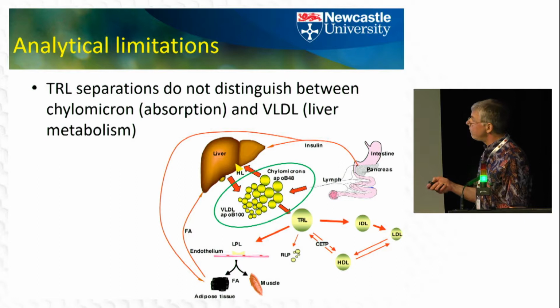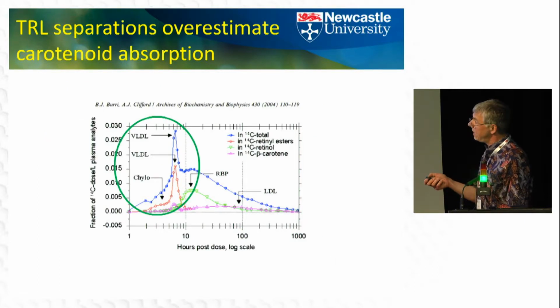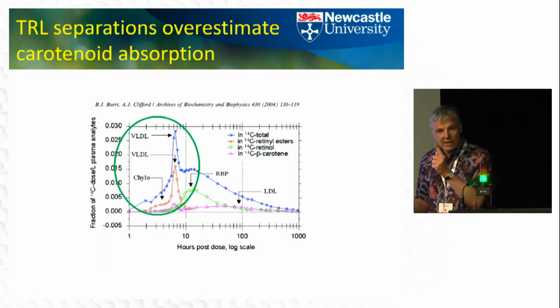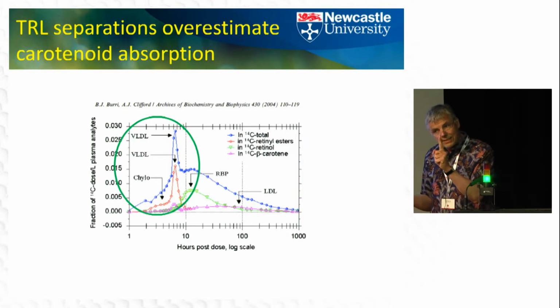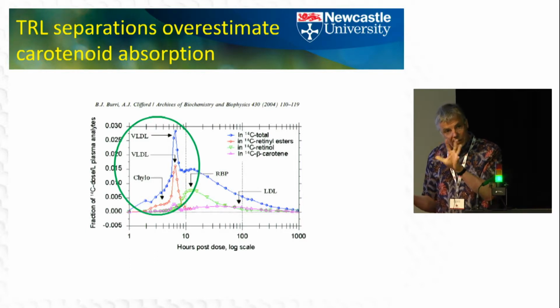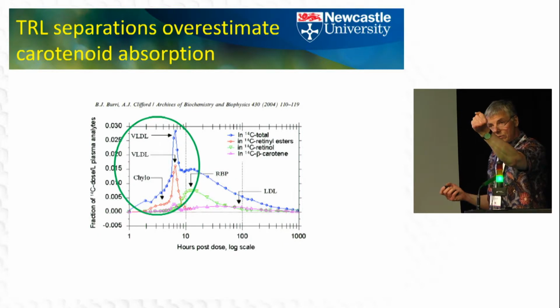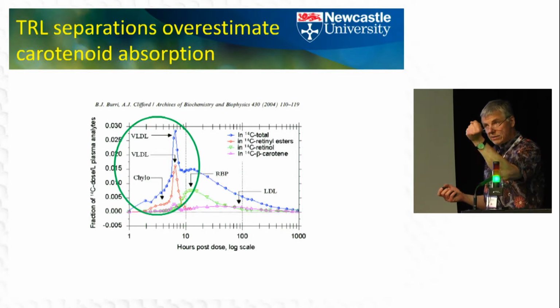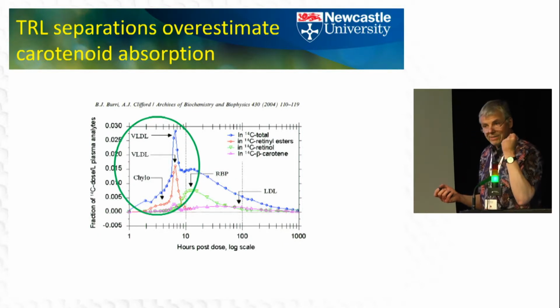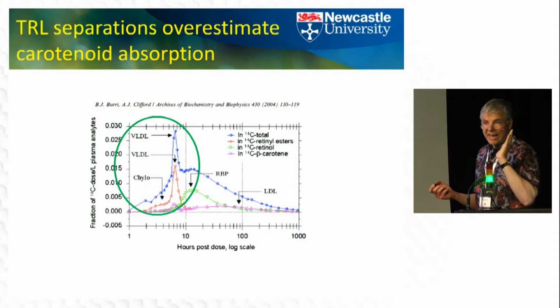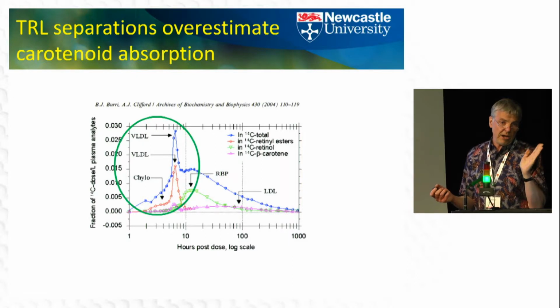And that is very critical, because as you can see nicely in this diagram, we are interested in what is absorbed, but what happens as you go along in the timing, from around 6-7 hours onwards, in general, is that you start seeing that absorbed chylomicron particles, in our case now lutein and beta-carotene, are resecreted by the liver in VLDL and are inseparable in our fractions.